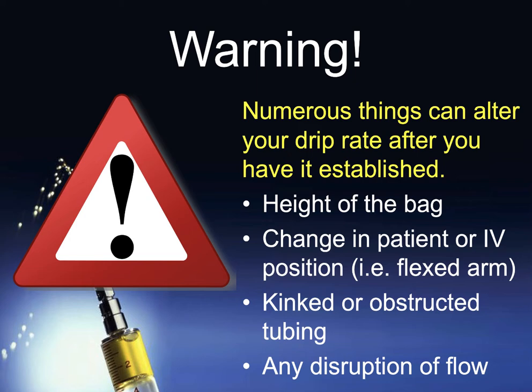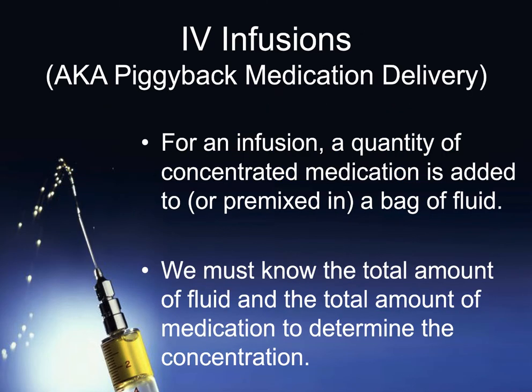If the tubing gets kinked, it gets caught in a strap on your gurney, or it gets pinched between the patient and the side rail, something like that can change the flow. And there's any number of other things that might disrupt a nice flow of your IV. So you have to be aware that if you're using this method, you need to continuously monitor those drip rates and make sure that they're actually continuing to drip in at the rate that you set it at initially.